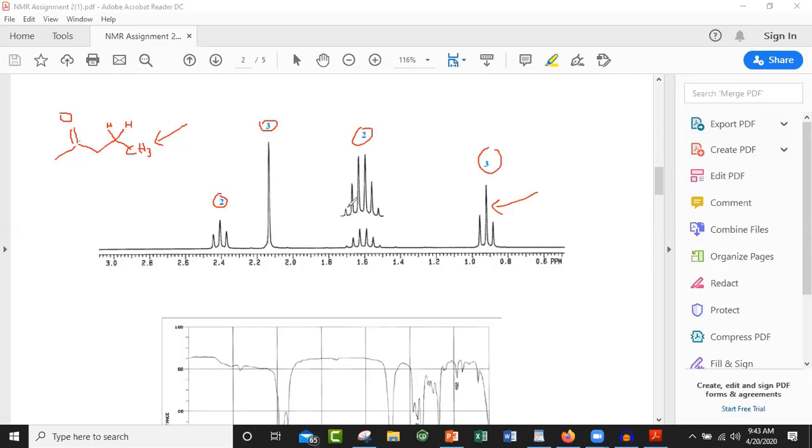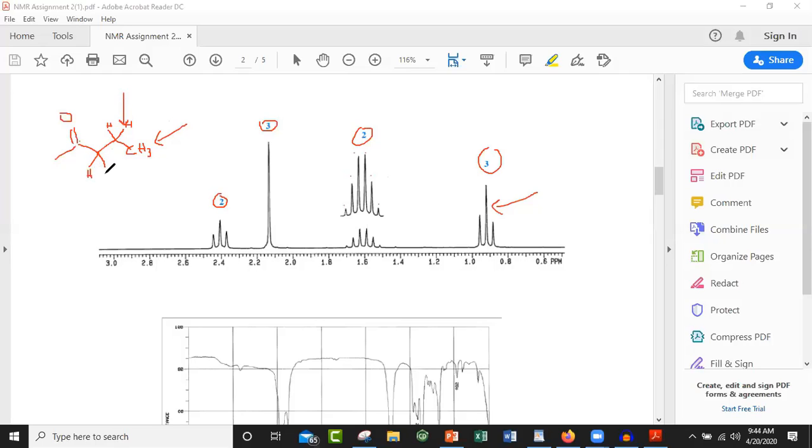What do you think? You can see the lines here: 1, 2, 3, 4, 5, 6. It's the 2 hydrogens next to the CH3. Yes, I agree, because you have 2 neighbors on this side and 3 on the other side.